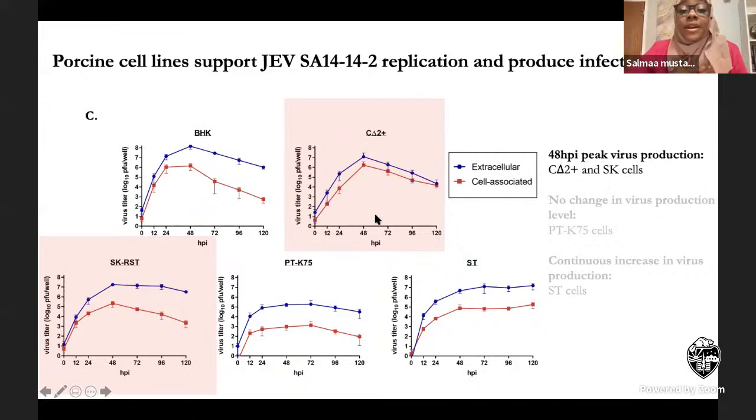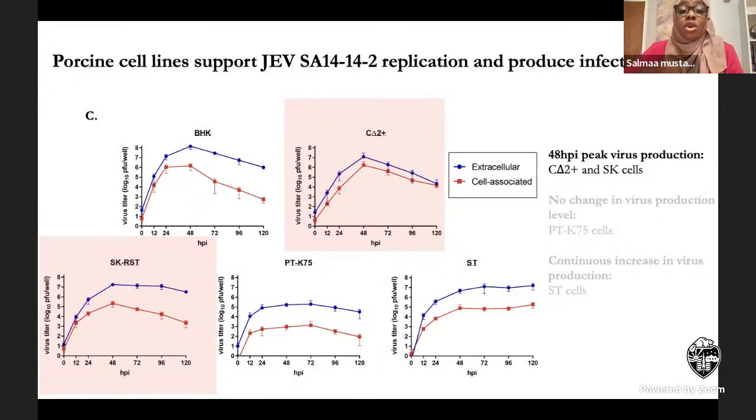Okay, so here, if I want to focus on the porcine macrophage cell line, the time point that I'm going to choose for my IFA will be 48 hours post-infection, because that's the peak time where you have a very high level of virus titer.